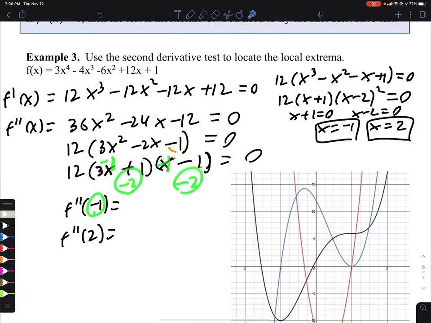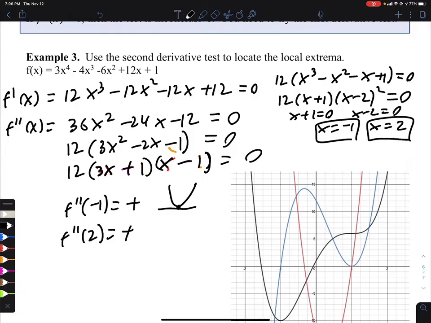A negative and negative is positive. Therefore, if the second derivative is positive, concave up, so that point is going to be a relative min at -1. Let's plug in 2. That's going to be 6 plus 1, that's positive. 2 minus 1 is positive. Positive and positive is positive.